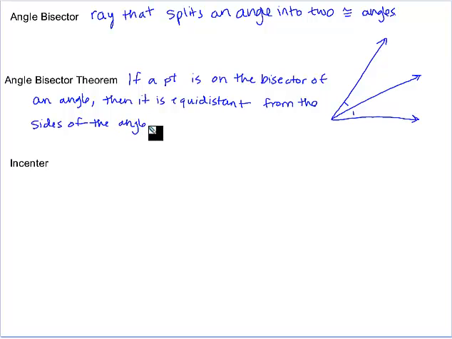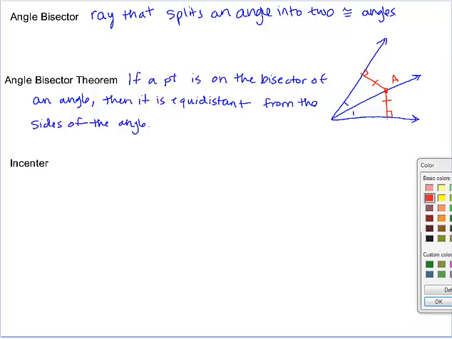So if I pick some points here, we'll call this point A. And if I go from A to each side of the angle, remember when we talk about distance, it always has to form a 90 with the line, so there. Those two should be equidistant from one another.